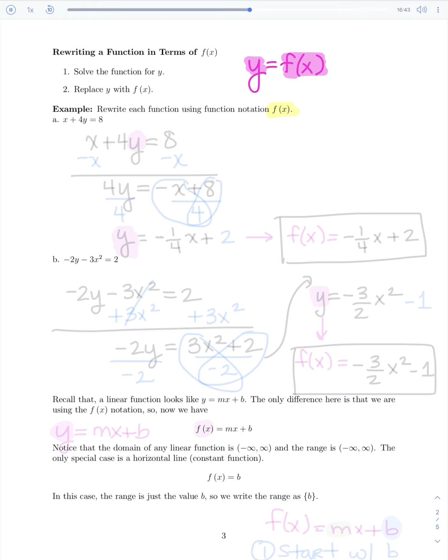So first of all, what do I need to do if I have something like x plus 4y equals 8? Well, the first thing I need to do is get the y by itself, which is good. We're really used to doing that when we did slope-intercept form, so we're pretty comfortable with that. So to get the y by itself, we'll subtract an x from both sides. And that will give us 4y equals, let's put the x first because we're used to that, negative x plus 8.